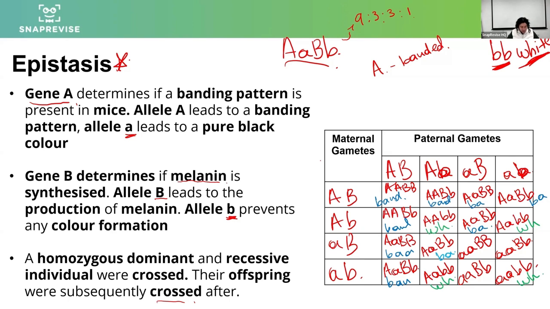Finally, what is our final genotype? This will be black because they've got this allele that leads to black. So black, black, but they do have melanin, black. So what are my actual observed phenotypes? 9, which are the banded ones, 4, which are the white ones, and 3, which are the black ones. So a deviation from the 9:3:3:1 ratio.